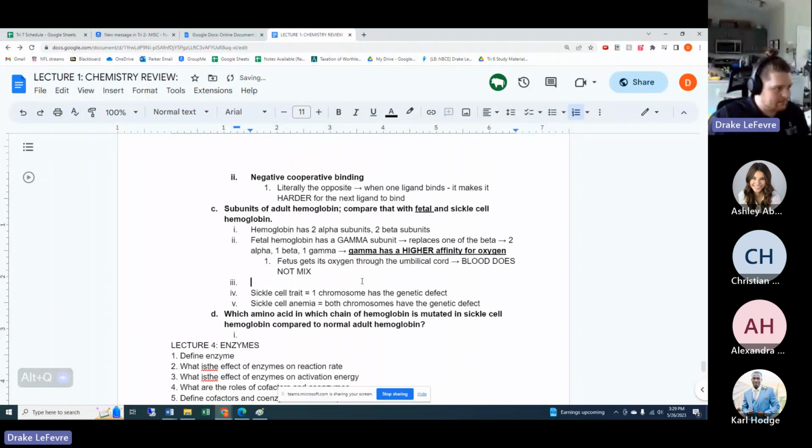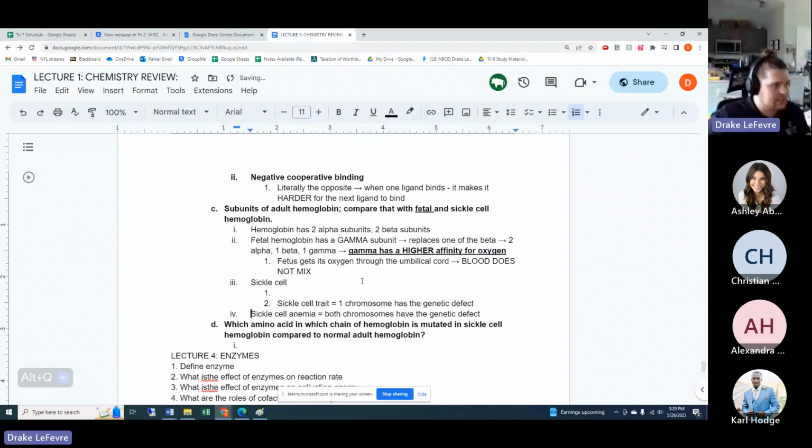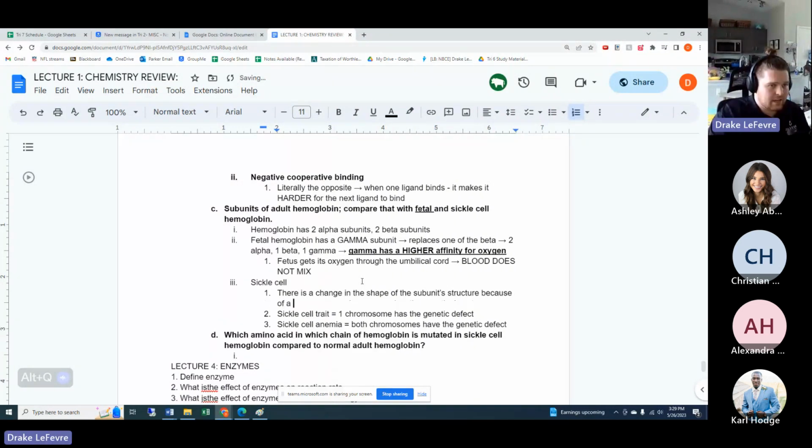With sickle cell, essentially it's a mutation in which there is a change in the shape of the subunit structure, because there is a change to an amino acid in the primary structure.